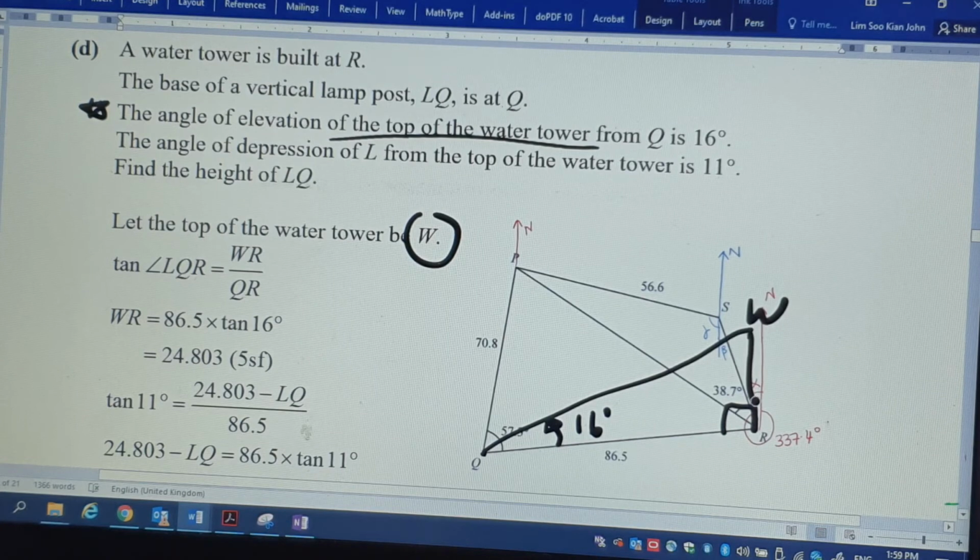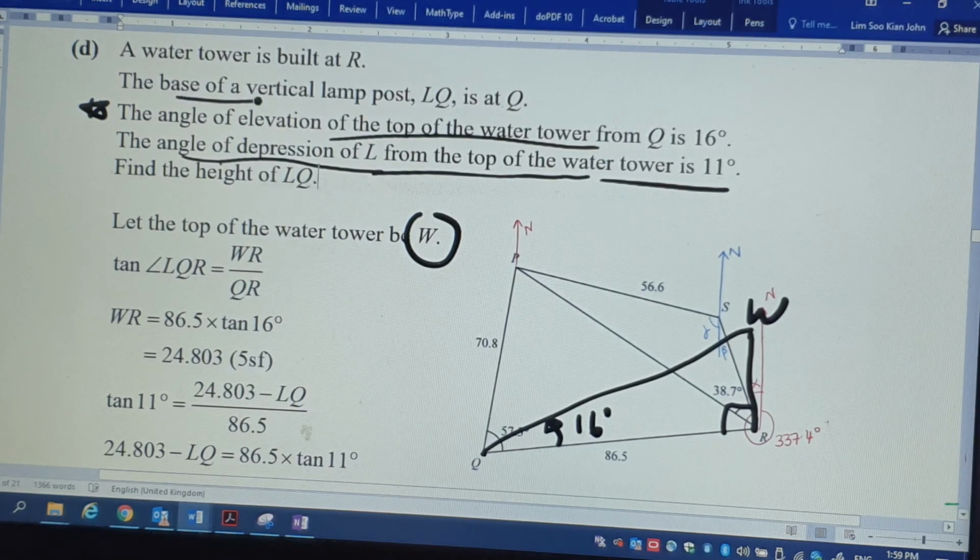Alright. So don't you agree that if you want to find the angle of depression of L from the top of the tower, it is 11. So where is L?